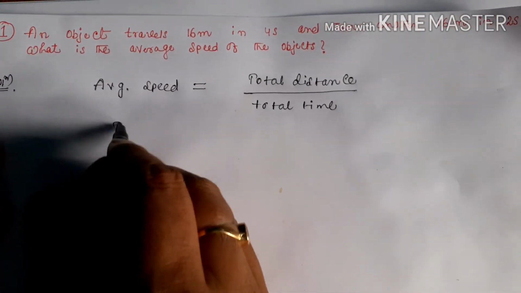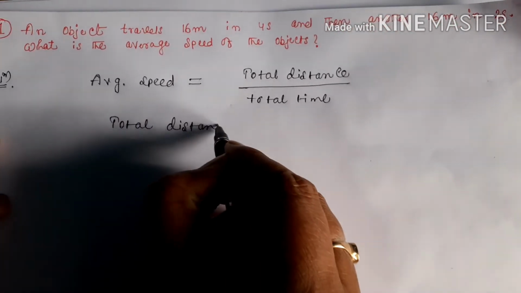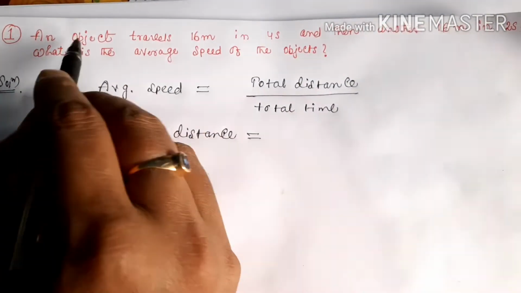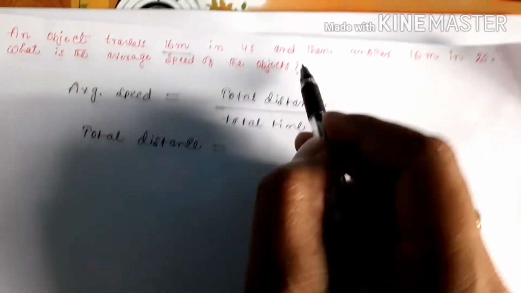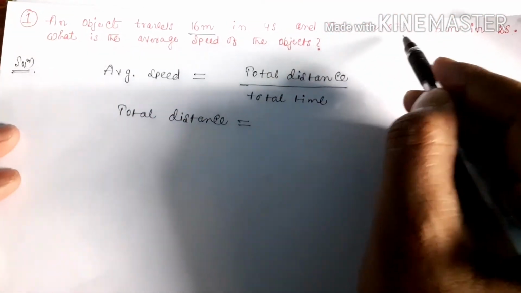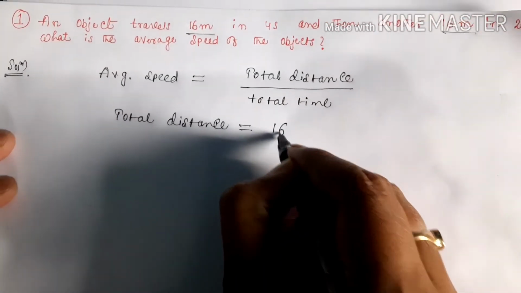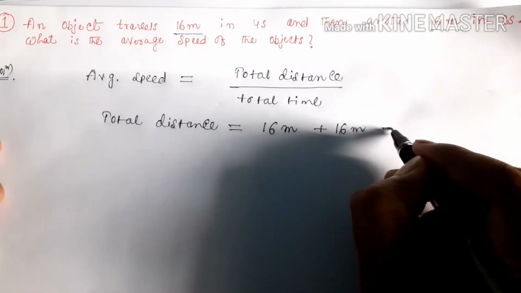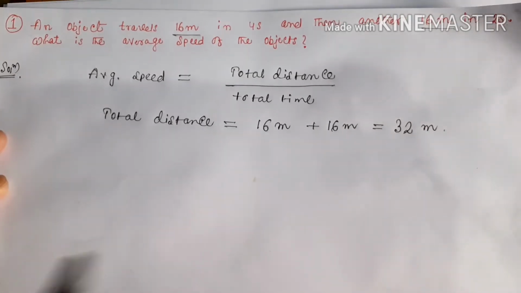Now if you talk about the total distance of the body, then you can easily see here that the body first moved 16 meter in 4 seconds, and another 16 meter in 2 seconds. So the total distance covered is equal to 16 meter plus 16 meter, that means 32 meter. That is the total distance covered.